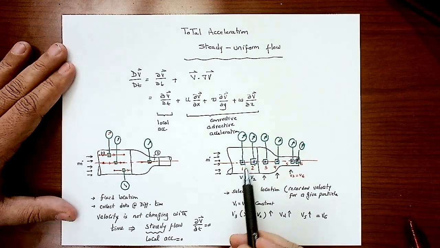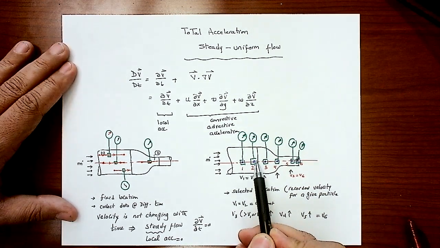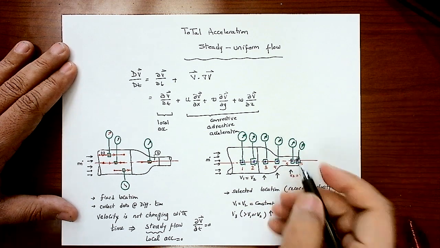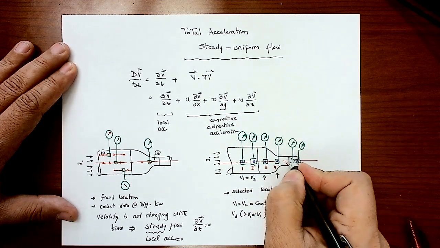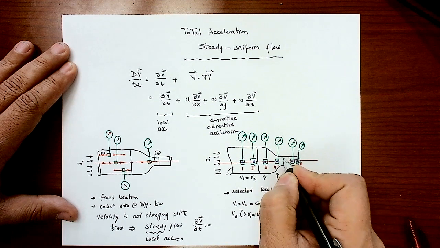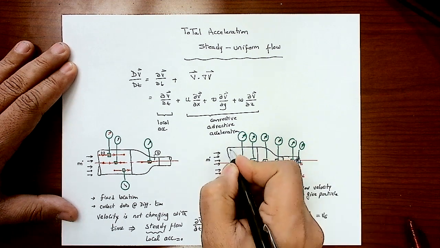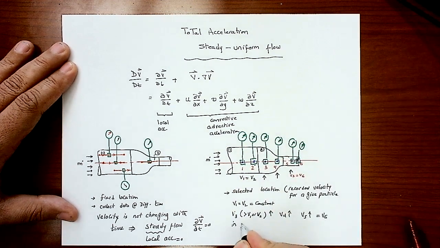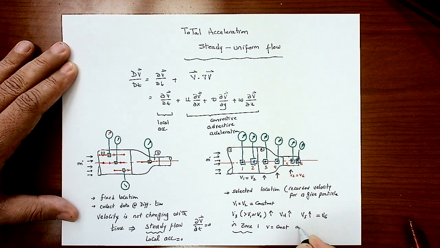So constant velocity with position, then changing velocity, then constant again. So I can actually say that I'm ending up here at that location, that zone 1, that zone 2. So in zone 1, velocity was constant with position.